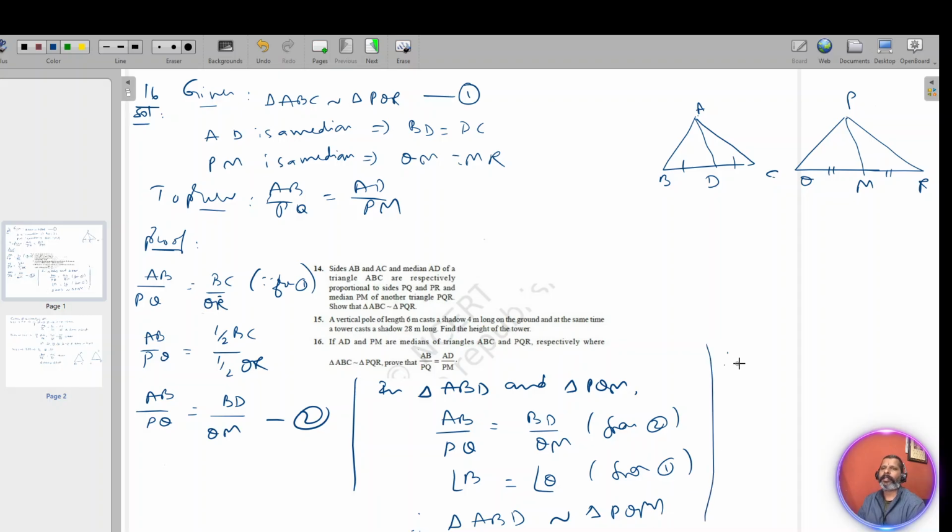So we write corresponding parts: AB by PQ equal to AD by PM, since corresponding sides of similar triangles. Hence proved. This completes the chapter. Thank you.